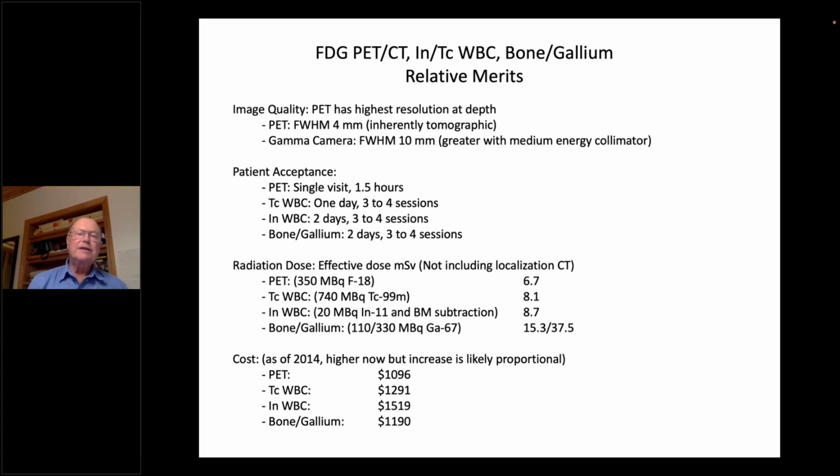Costs have certainly increased in the interval, but it should be a proportional increase. The take home from this is that the cost is similar between the various modalities, so the choice of which one you use should be based on best results and not on economic factors.